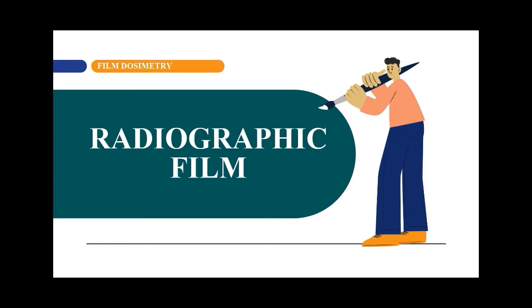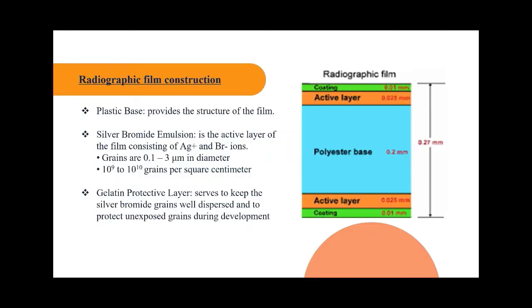Radiographic films. Radiographic film construction. The plastic base provides the structure of the film. Silver bromide emulsion is the active layer of the film, consisting of silver and bromide ions.